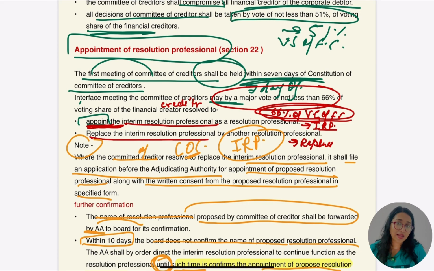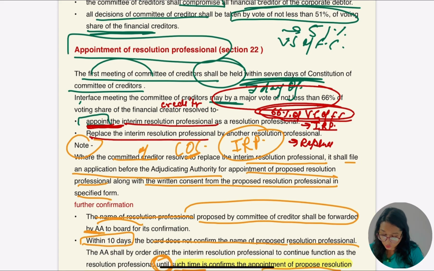If clarification is given by the board, that will apply and be the final order. But what if no order is passed by the board? In that case the AA will give the reply that you can continue until some other person is appointed. Hope this was clear.